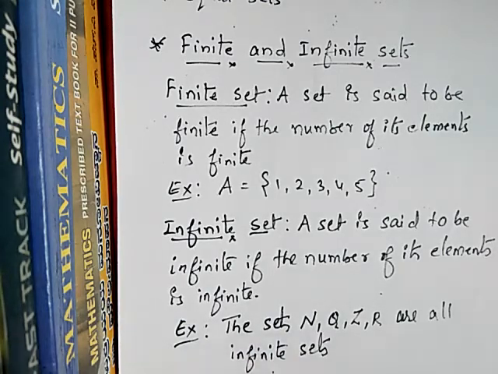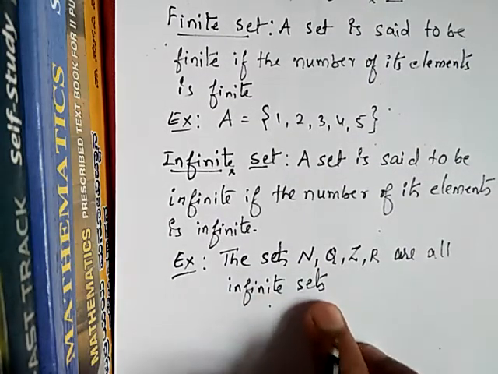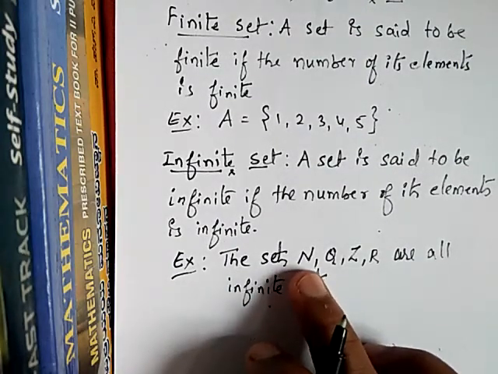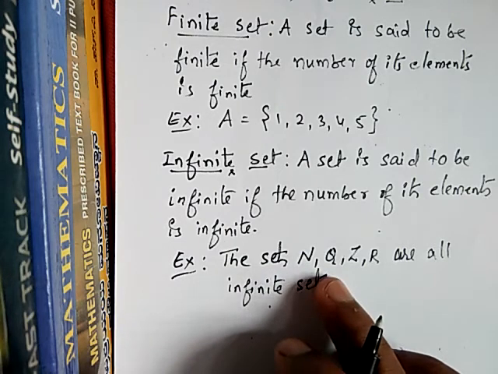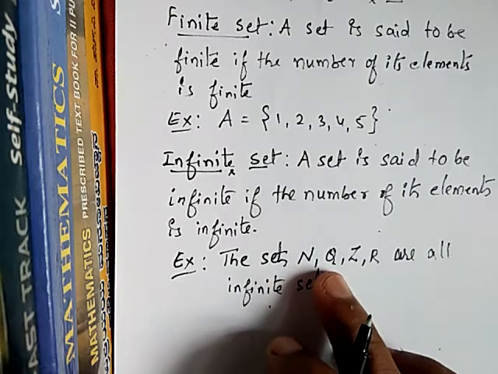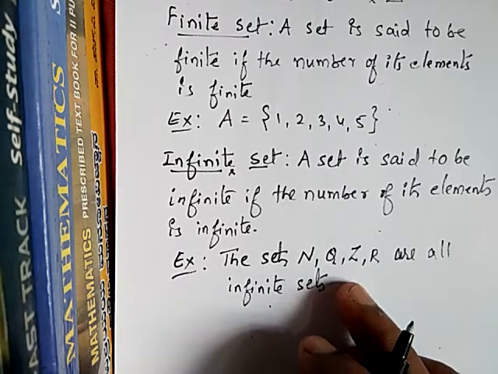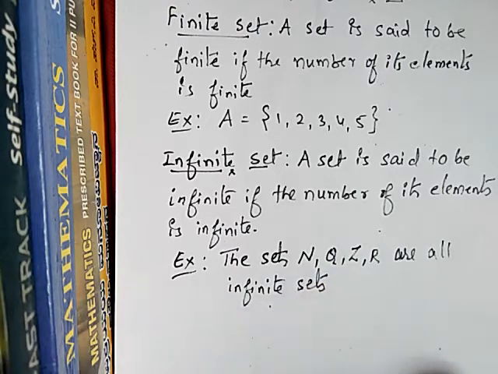Why is it like this? Because the number of natural numbers, how many elements are present in natural numbers, we can't count one by one. If you count, you can't count all the elements. So natural numbers, rational numbers, integers, real numbers, these are all infinite sets.